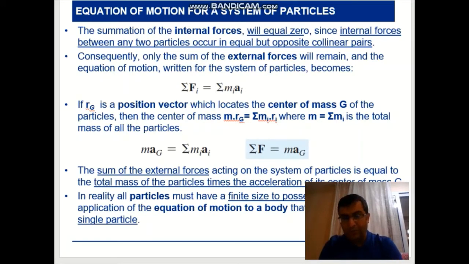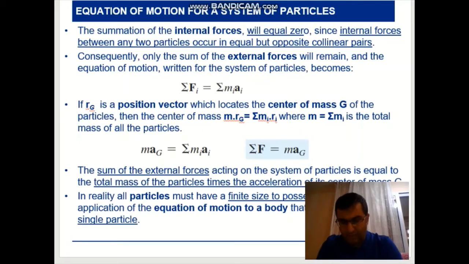All the internal forces are gone, leaving only the external forces. And for the external forces, we can state that the total mass acting at the center of mass gives us the external forces. So we can write it as sum of F equals sum of m_i a_i, or total of F equals m a_G, the acceleration of the center of mass.